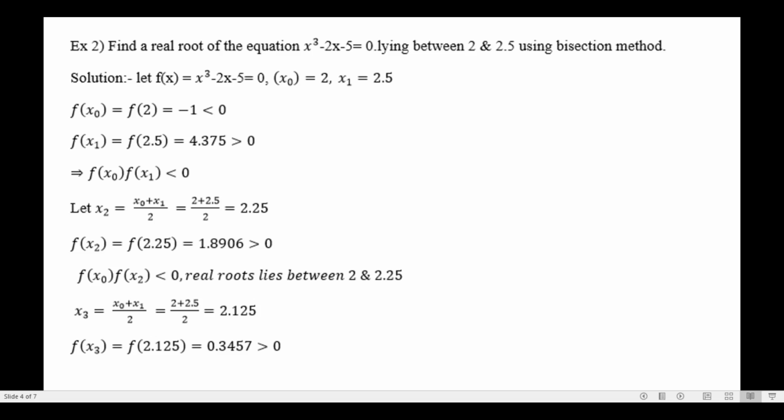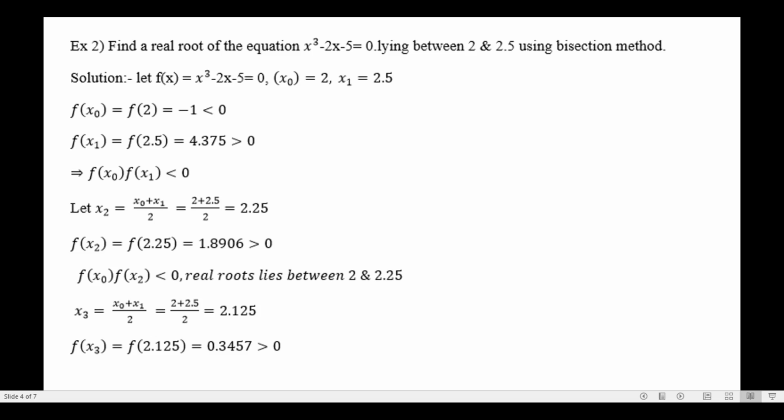F of 2 we got minus 1, which is less than 0. Like that we measure f of x1, that is f of 2.5, 4.375 we get, which is greater than 0. Multiplying these two, f of x naught into f of x1, one is a negative quantity, the other is a positive quantity. If you multiply these two, definitely we get a negative quantity.